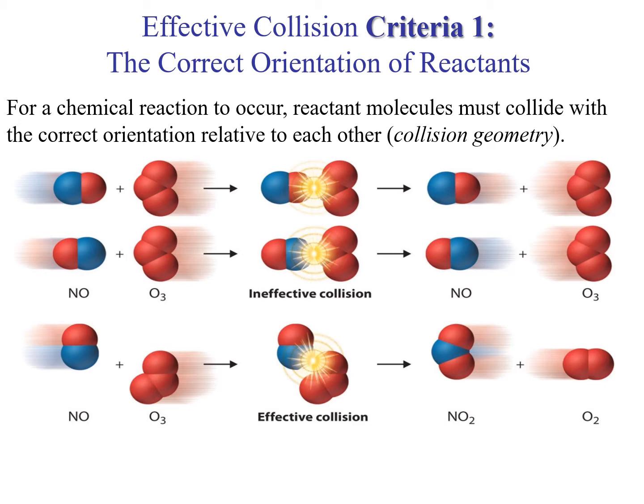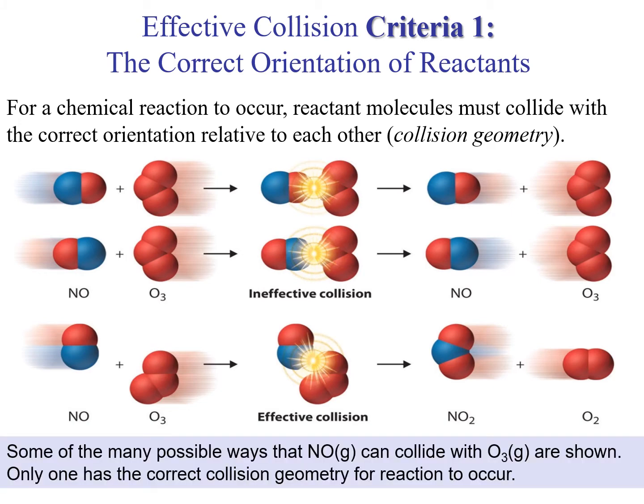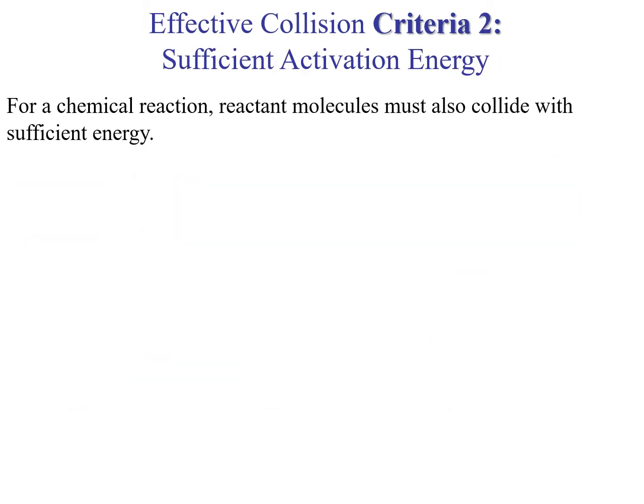Only the bottom collision results in a reaction because the molecules have collided with the correct orientation relative to each other. In this effective collision, the angle at which the nitrogen atom in the nitrogen monoxide molecule approaches the oxygen atoms in ozone is the same angle that is formed in the nitrogen dioxide molecule.